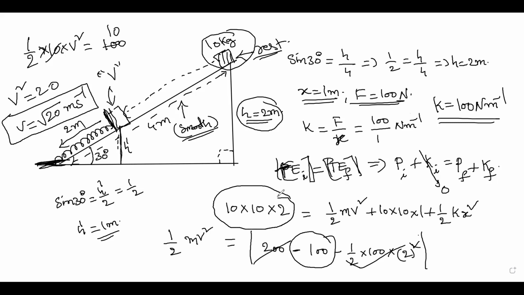Now when it has reached this spring and it is hitting the spring and compressing the spring by 2 meters, because of compression the height decreases. The length of the spring has decreased.